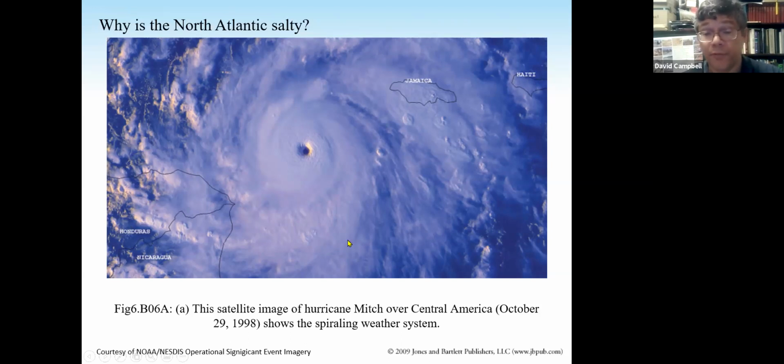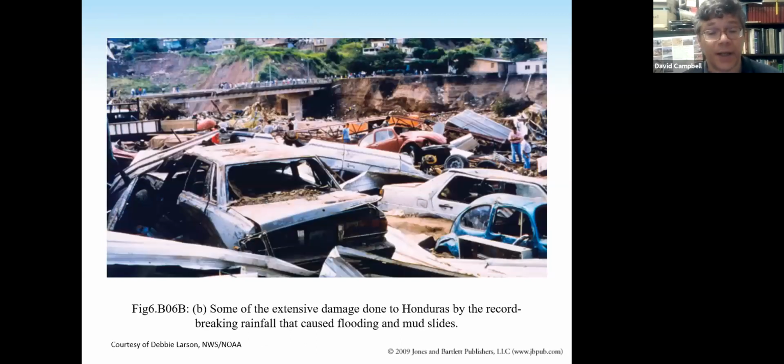Rain from evaporation in the Caribbean, and an appreciable amount of that ends up going to the Pacific. So the Caribbean is getting somewhat more salty due to the evaporation. Eastern Pacific, somewhat fresher. These storms can be quite devastating.